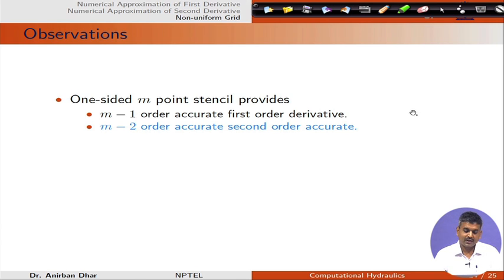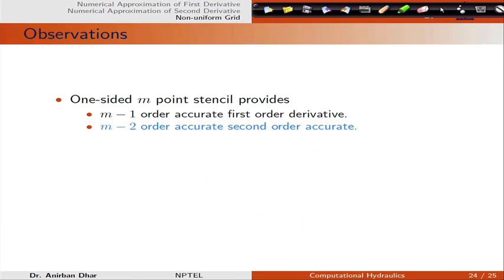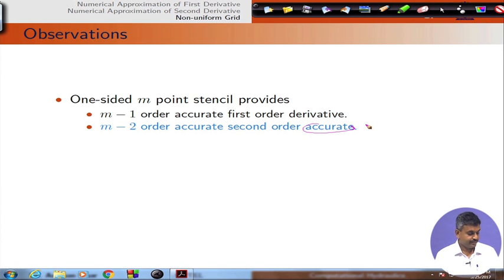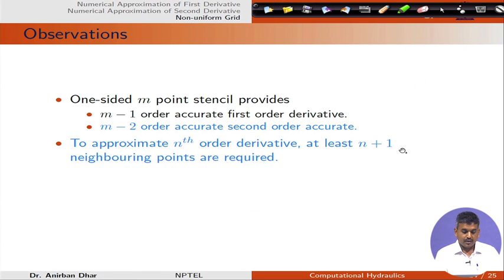This is valid for forward difference and backward difference, because with I minus 1 or I plus 1 and I, we are getting a first order accurate scheme, and in the second case we are getting m minus 2 order accurate for a second order derivative, and to approximate nth order derivative we need at least n plus 1 neighboring points.